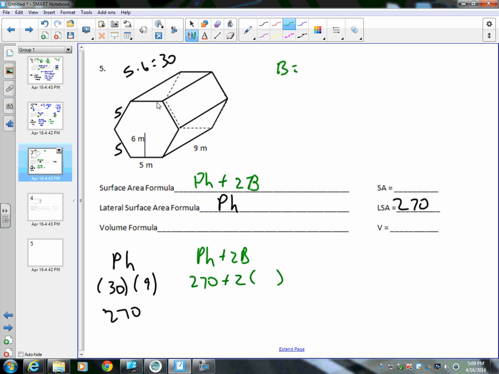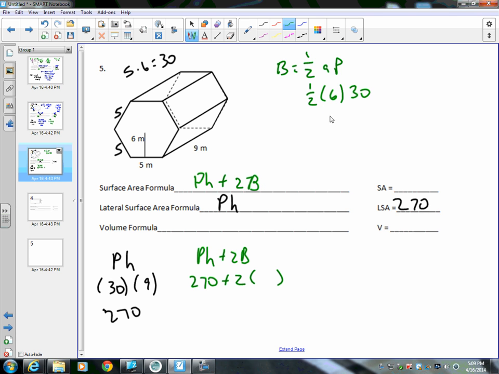Again, this is a regular hexagon. If it's a regular polygon, we use the regular polygon formula for area, so it's 1/2 A times P. A is the apothem, which is 6. P stands for perimeter. Well, we already found perimeter. We said it was 30. So we're going to say 1/2 times 6 times 30.